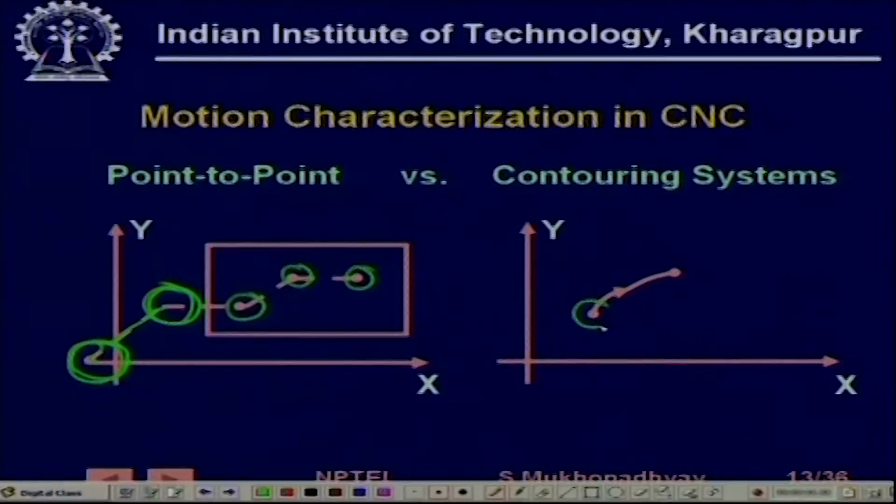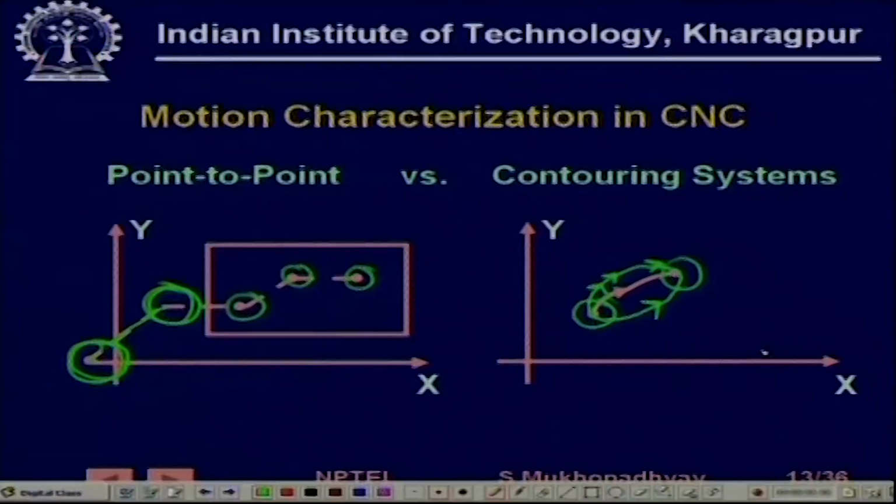On the other hand, you can have systems where you can specify the start point in the coordinate space, the end point, and then specify some kind of interpolation, let us say a circular interpolation. The machine will start from here, and depending on your instruction will cut an arc from here to here, or it could also cut an arc between these two points.